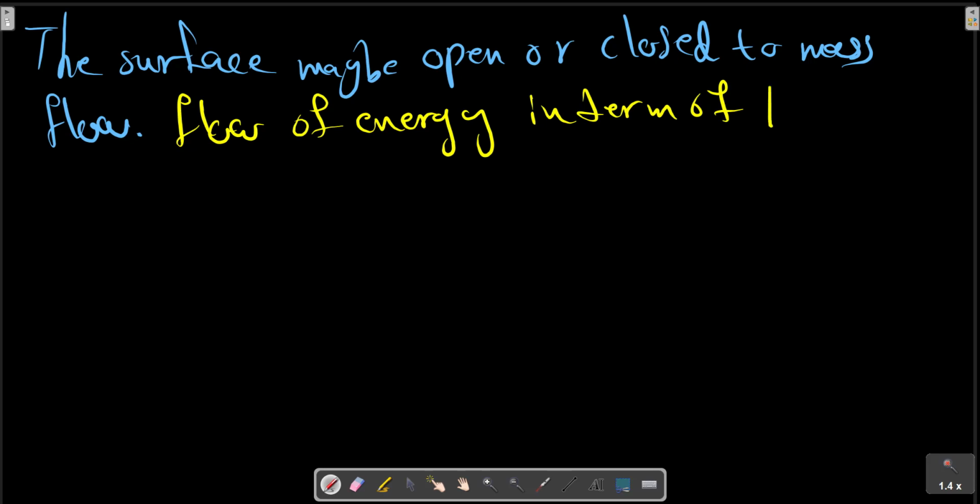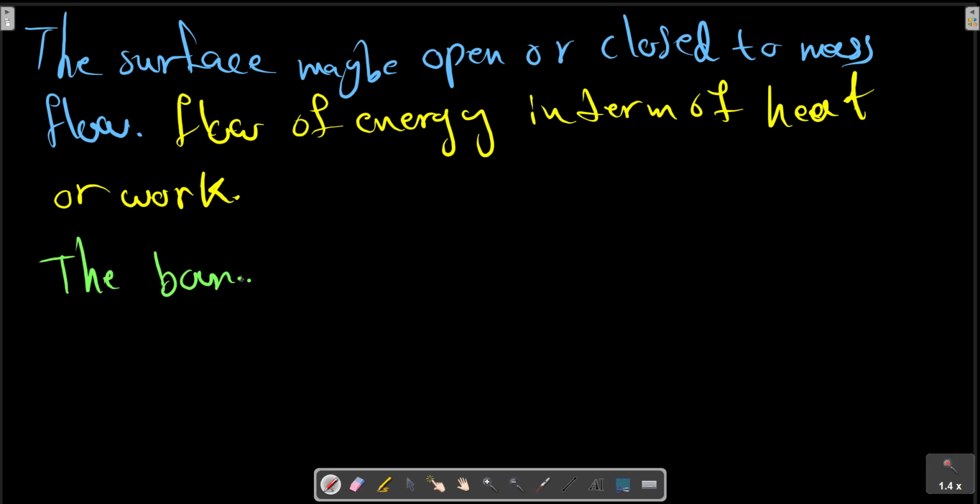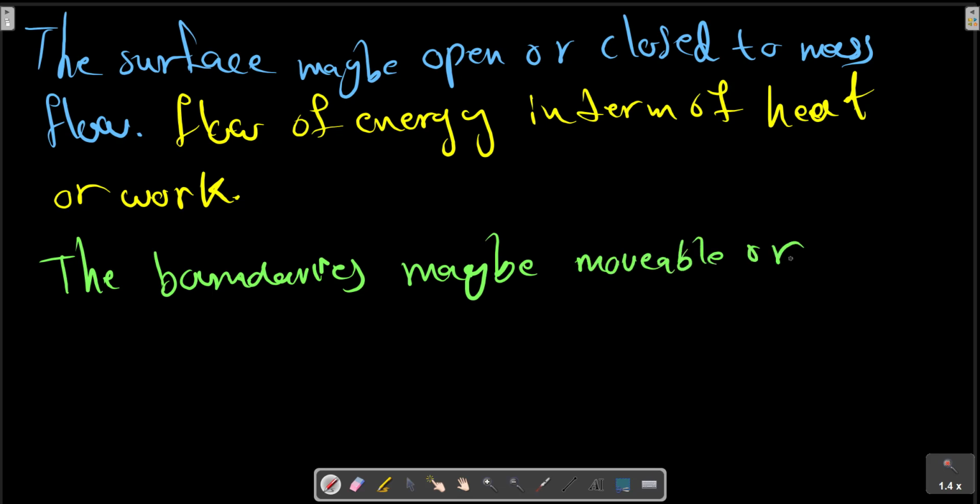The boundaries may be movable or stationary.